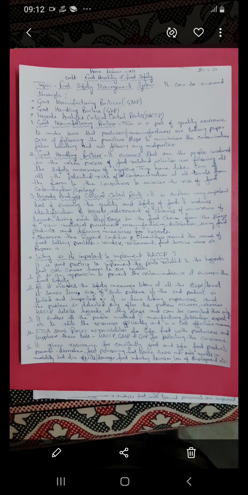So it is very important for all those involved in the food industry, directly or indirectly, in manufacturing, supplying, distribution, providing the food, preparing the food, and serving the food, that at all levels the safety measures are taken and observed. Thank you.